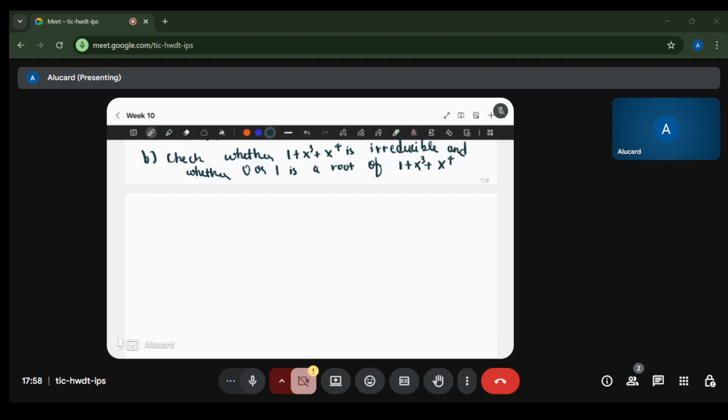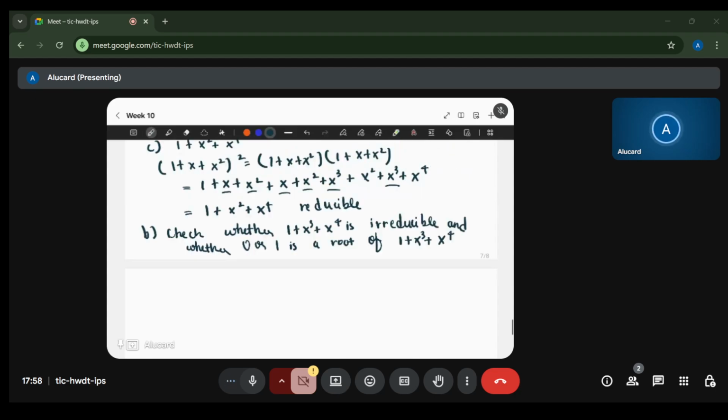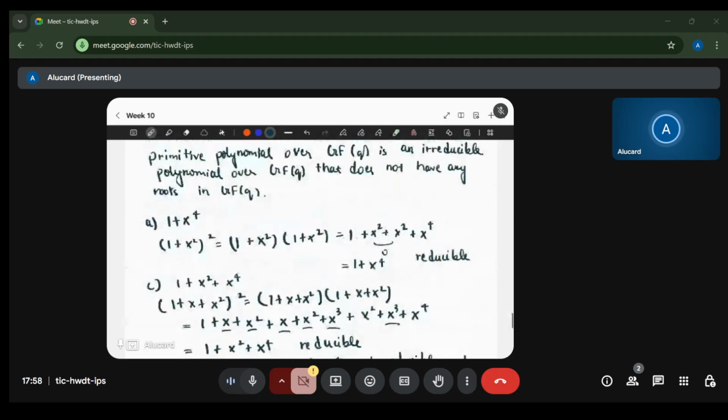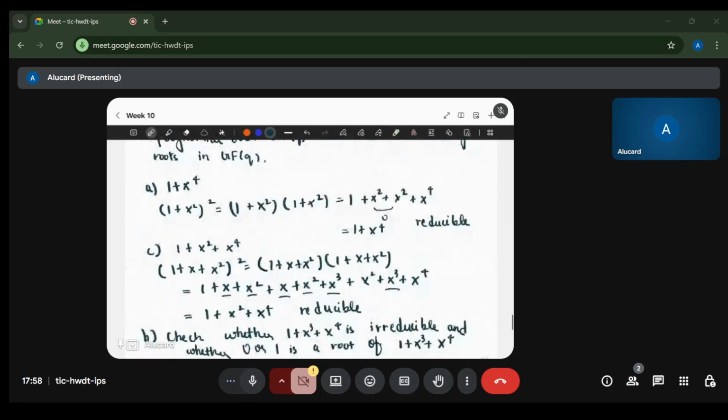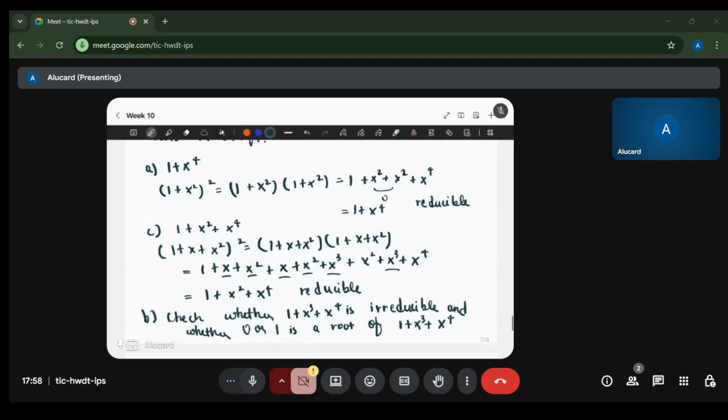For example, if 1 plus x cube plus x power 4 was divisible by x, then x is what? X is nothing but x minus 0. So again, if f of x is divisible by x minus a, then a should be a root of the polynomial, which means f of a must be 0.